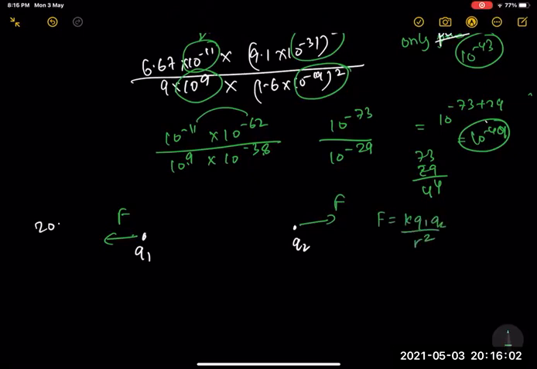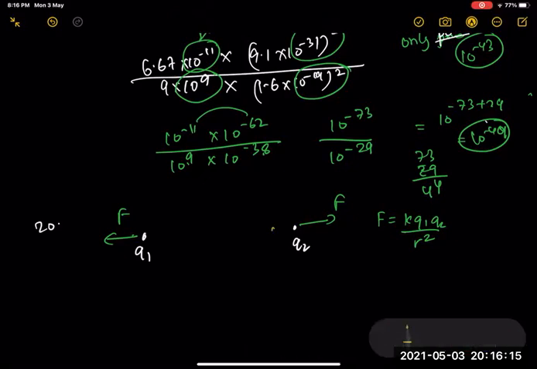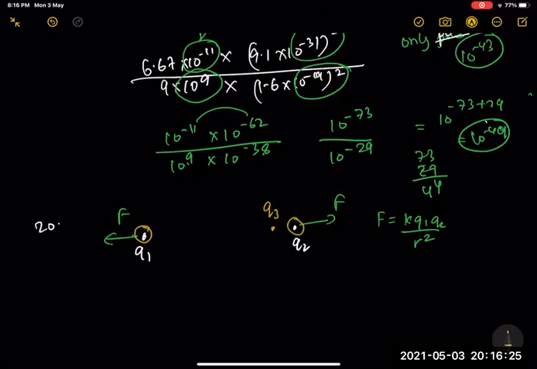Fine. Now they are saying that another charge Q3 be placed quite near the charge Q2. So somewhere here Q3 is placed. Now they're saying the force that Q1 and Q2 exert on each other will not change.